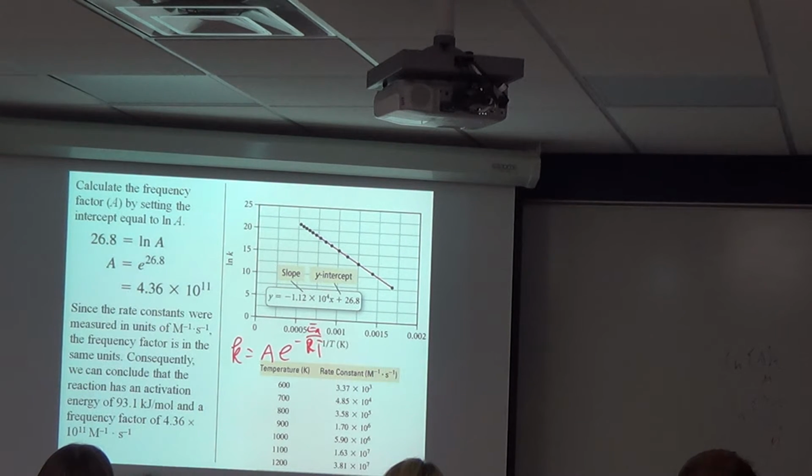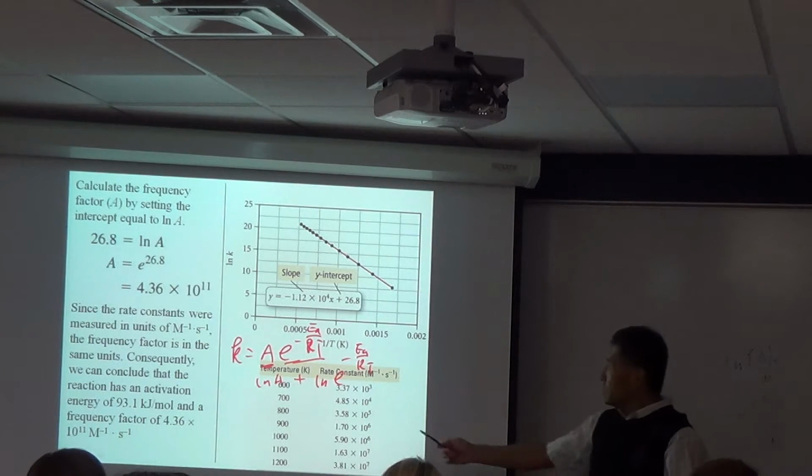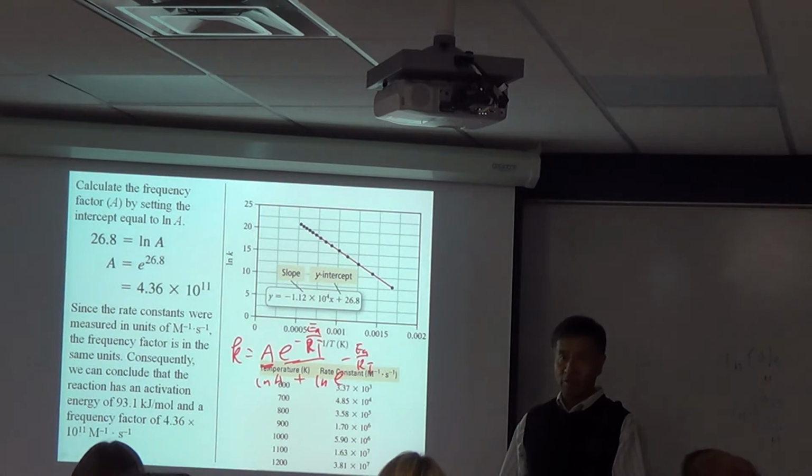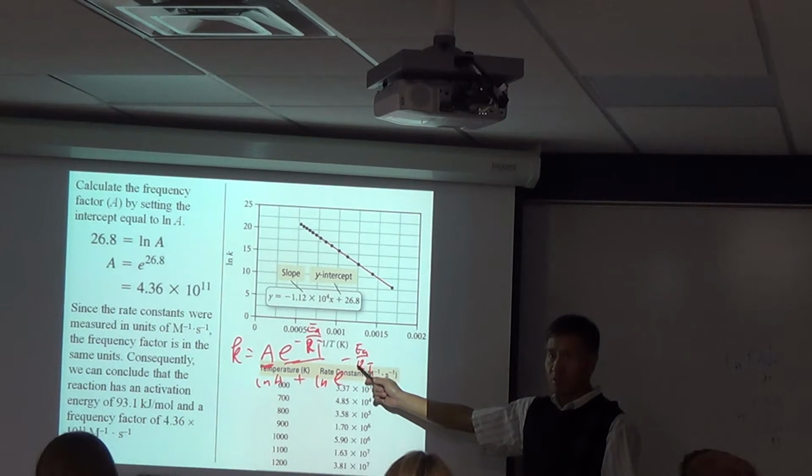So when you take the Ln, this part becomes Ln A, and that part, okay, because these two numbers are multiplied, you will have the plus Ln e to that number, okay? Then you see the Ln and e, these two operations, cancel out, very similar to divide and multiply. So you get that number.